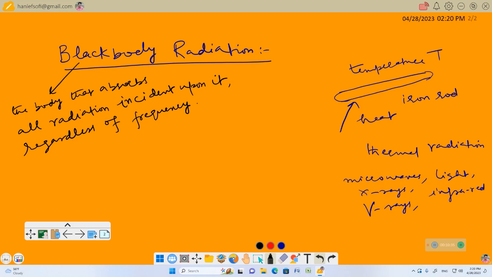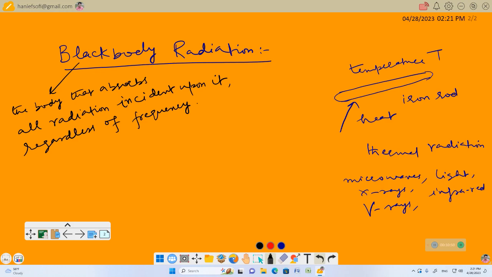This is the setup of physics. We define ideal things, but ideal things are defined in such a way that they can be used in real situations.